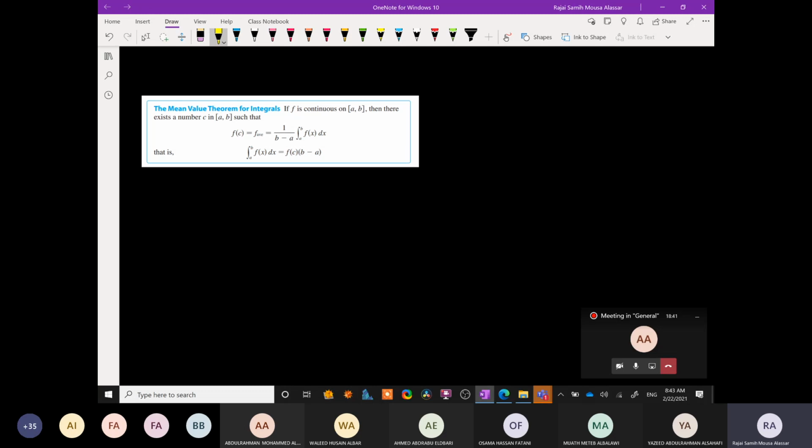This theorem is saying that if you have a continuous function on a closed interval, from a to b, and this function is really continuous on that interval, so that's very important, we're talking about continuous functions, then the average value is obtained during the interval.